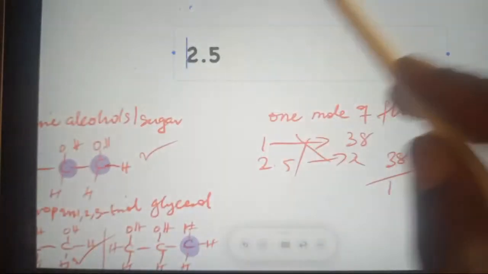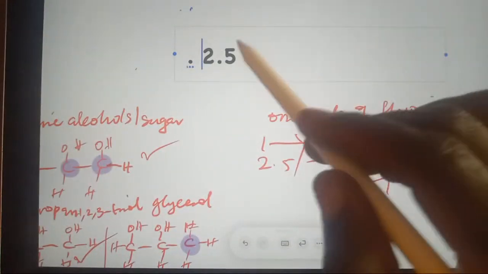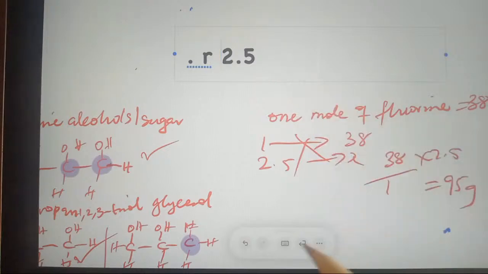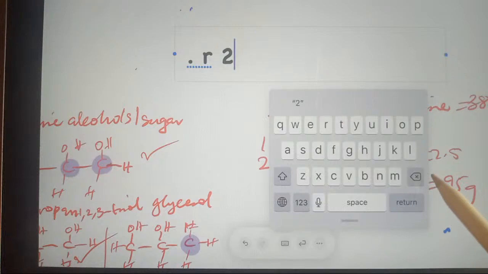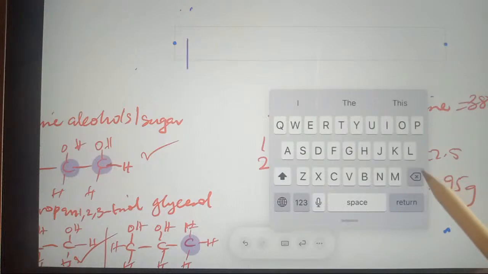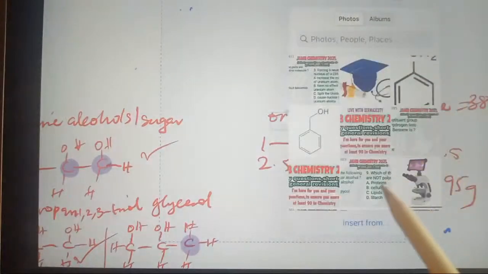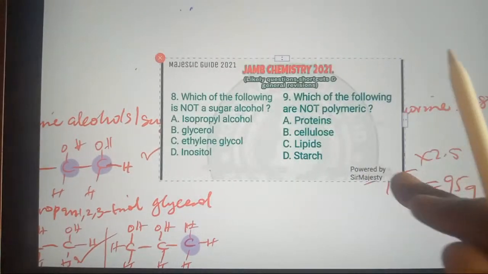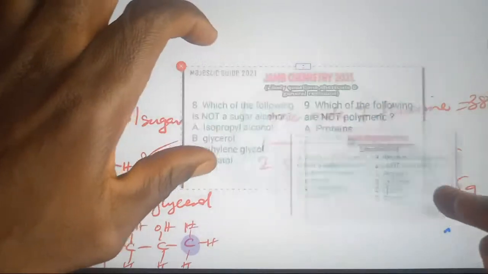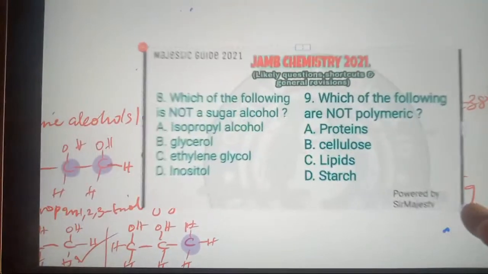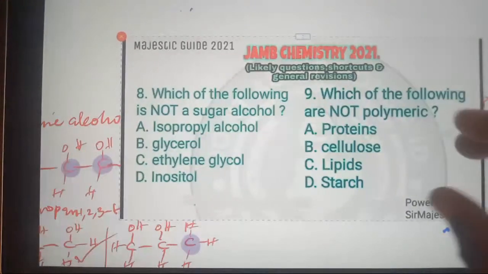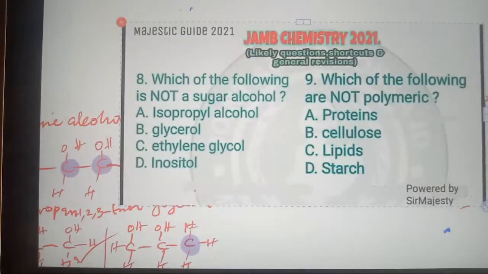Okay, question number 9. Over here, which of the following is not polymeric? Polymeric is just asking you which of them is not actually a polymer.